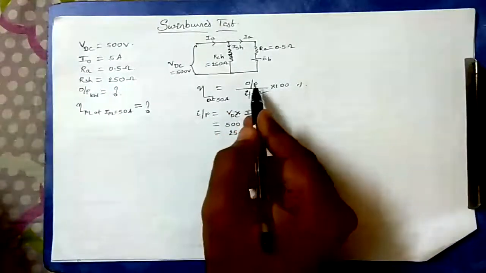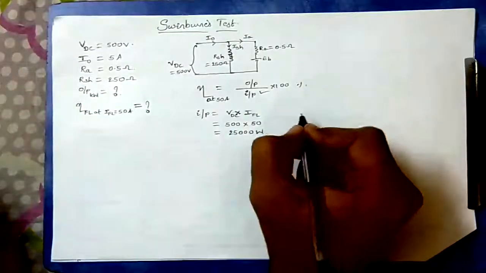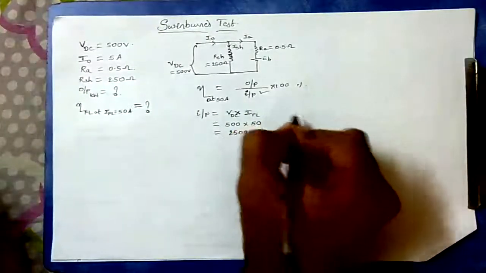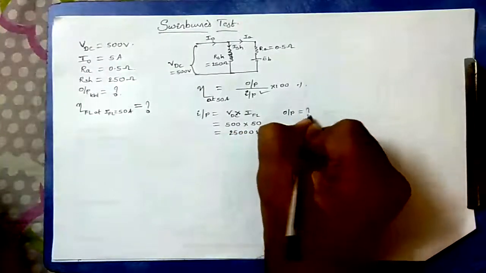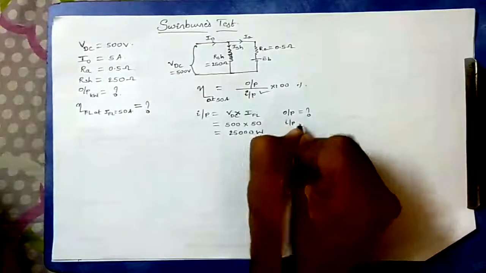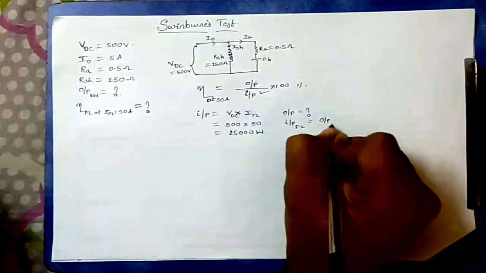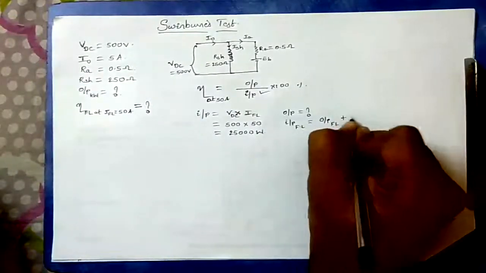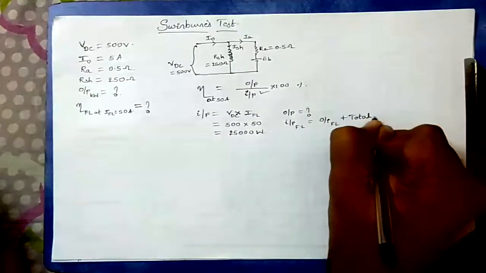Still, output is the parameter which I am supposed to calculate. Let us see how to calculate output here. Output is equal to question mark. We know that full load input is equal to output at full load plus total losses. This is a generic formula which you all know.